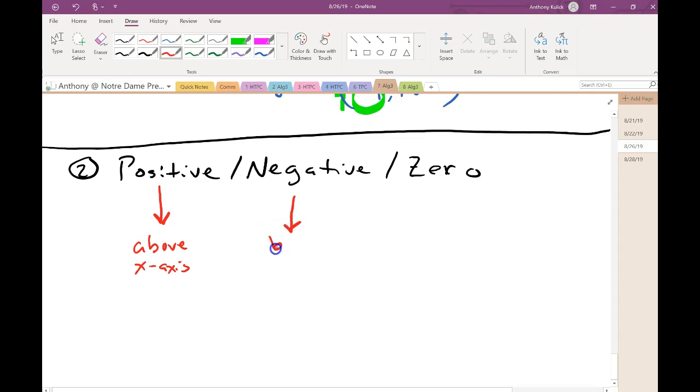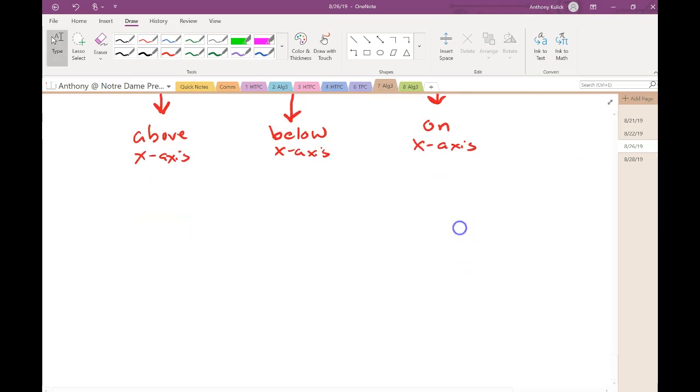Negative, it's going to be below the x-axis. And 0, it's going to be on the x-axis. Okay. I think we understand positive, negative, 0, at least what we mean conceptually. All right. So let's look at a picture here.